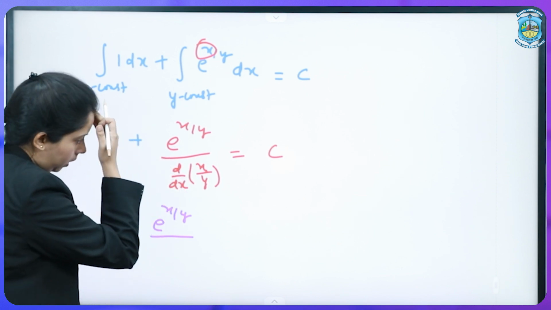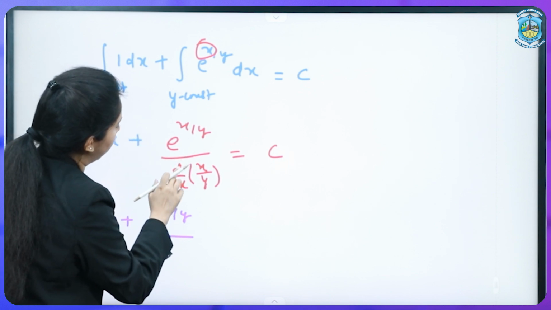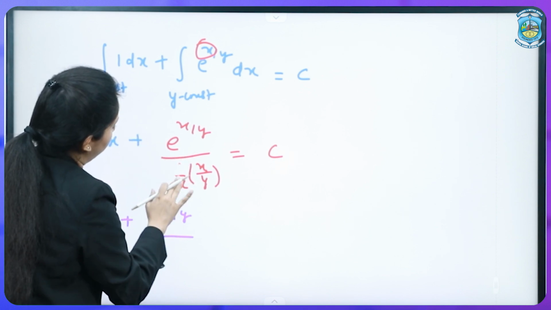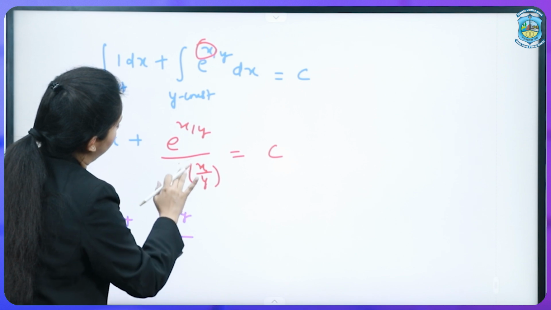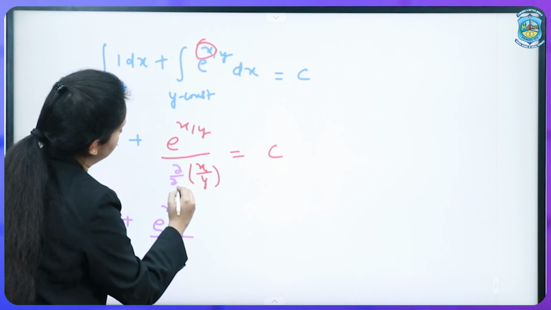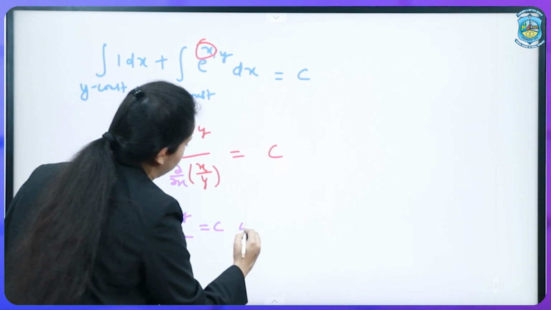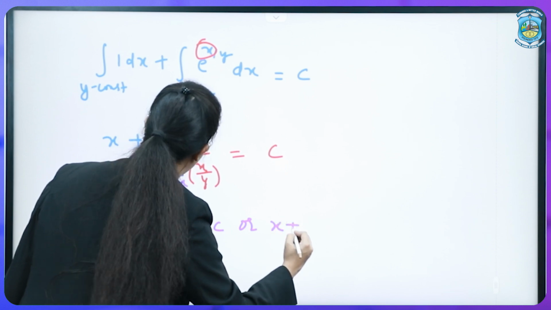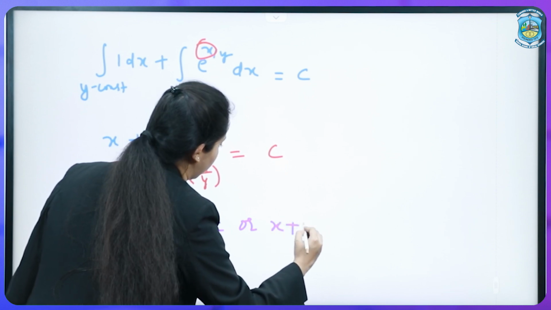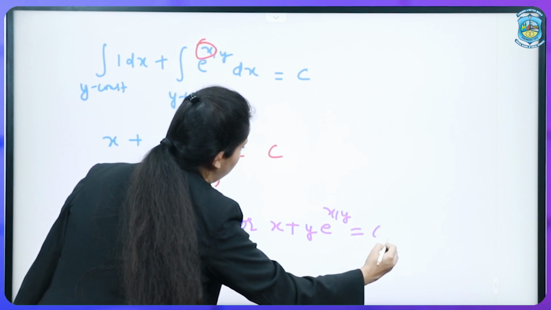So here we will differentiate it partially with respect to x. So here we will have just 1 upon y, so the final solution of the given differential equation is x plus y e raised to the power x by y, that is equal to c.